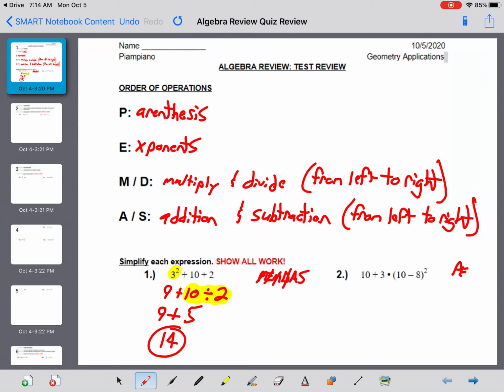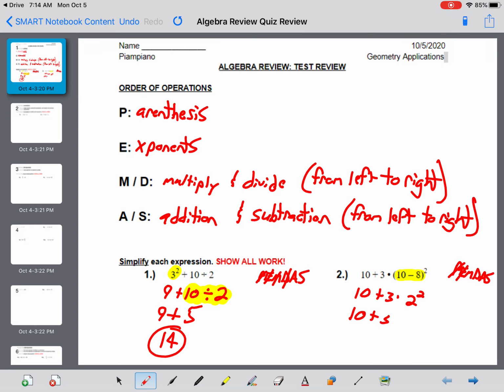Okay, same thing over here. Parentheses, this time you do have parentheses. 10 minus 8 is inside parentheses. Bring everything else down. 10 plus 3 times 10 minus 8 makes 2 squared. Keep that squared. So parentheses are gone. You do have an exponent, the 2 squared.